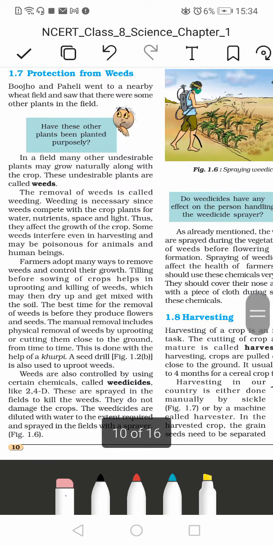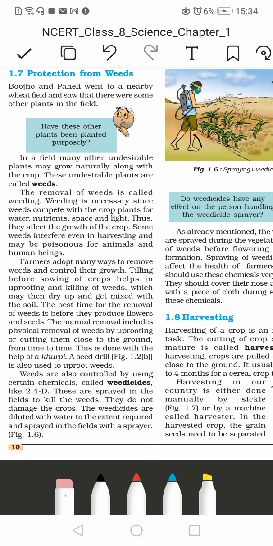You have to keep them in mind, as this can be a 1 mark question. What is weeding? Weeding is the removal of unnecessary, undesirable plants called weeds.